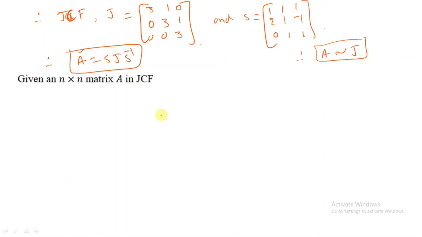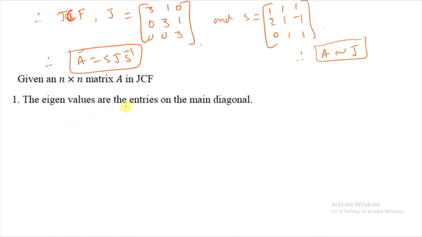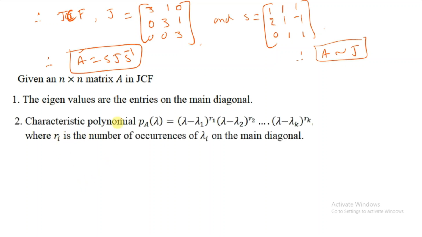Now, given an n-by-n matrix A in Jordan canonical form, the eigenvalues are the entries on the main diagonal. Already we know this one. Now, the characteristic polynomial is (lambda minus lambda 1) to the R1, (lambda minus lambda 2) to the R2, and so on. That means these are the algebraic multiplicities, where Ri is the number of occurrences of lambda i on the main diagonal.